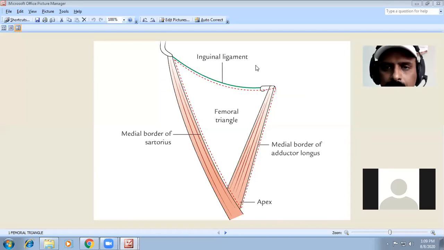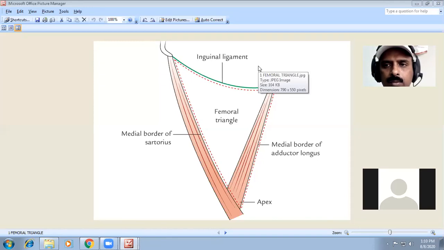Most commonly, one question is asked: the contents of the femoral triangle. As you know, the boundaries and contents of the femoral triangle, Scarpa's triangle. The femoral triangle is the most important question you have to practice for the 10 marks and also for the 5 marks.